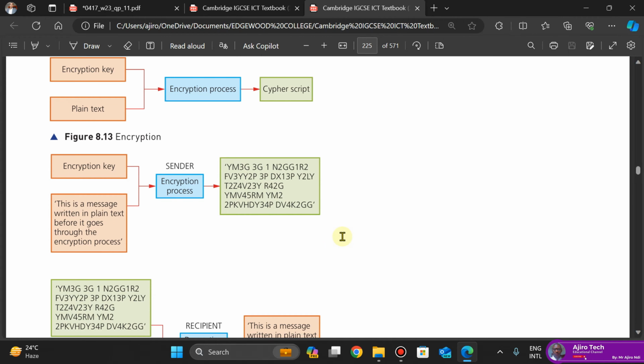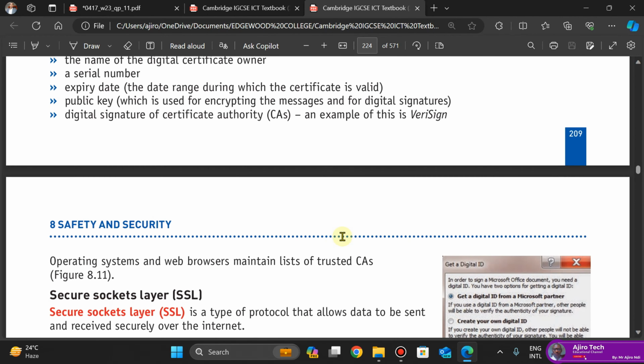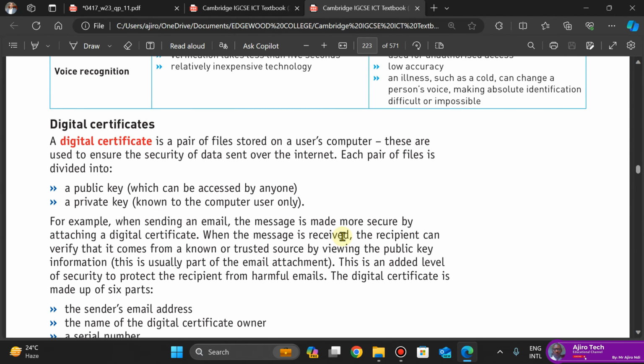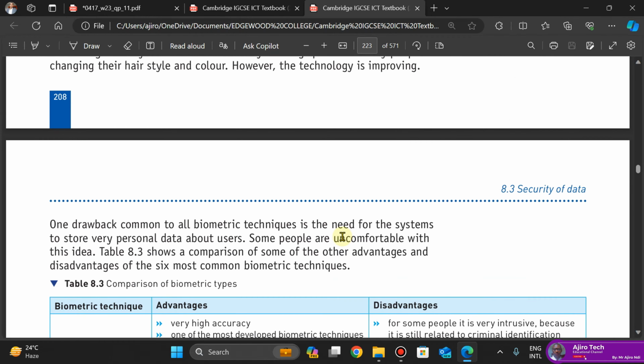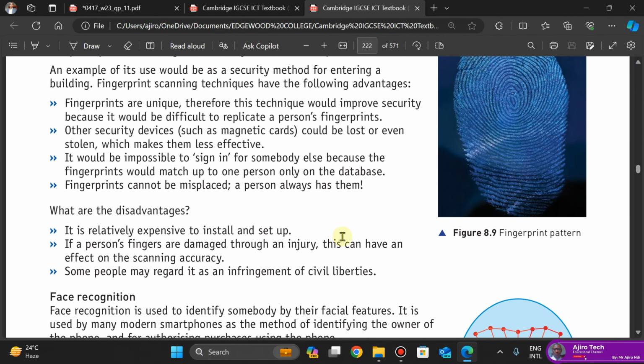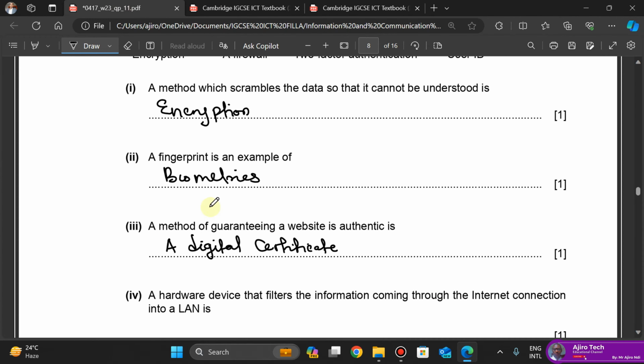Okay, yes, encryption is chapter 8, but digital certificate, oh yeah, chapter 8 still. All of them are chapter 8, but I think you also see some in chapter 10. But yes, it's chapter 8. Okay, let's see the last one.